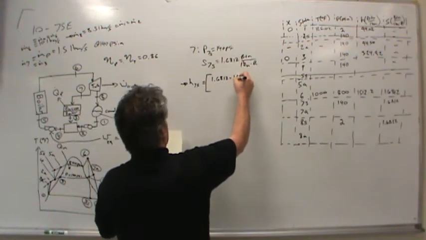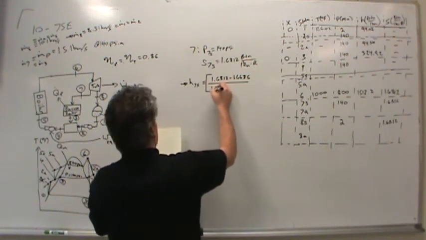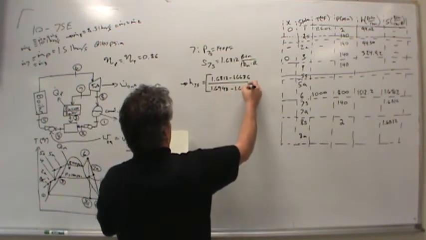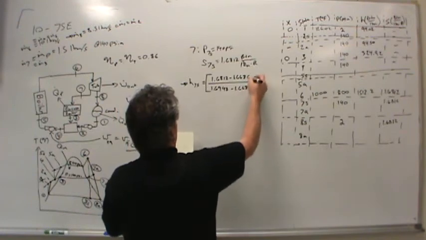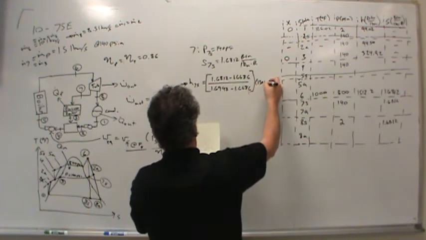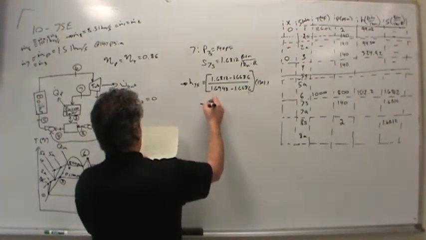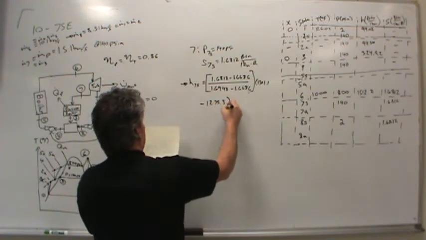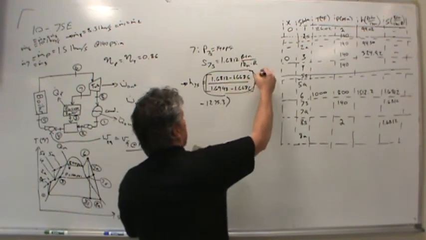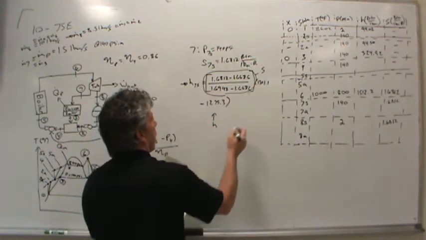1.6812 less 1.6686 divided by 1.6948 less 1.6686 multiplied by 1301.1, I'm sorry I'm out of space, I've got to break the line, minus 1275.3. Understand that these are all entropies, S, and this difference here, these are enthalpies.